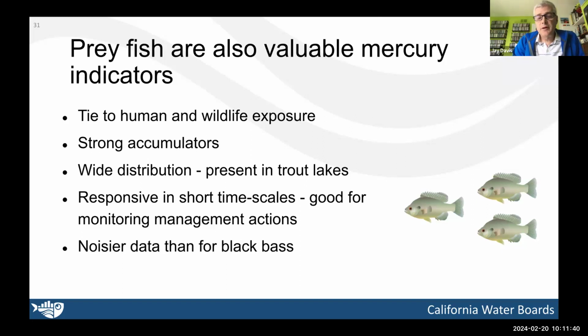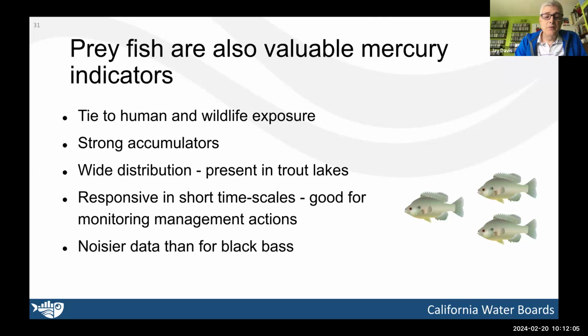And in a lot of cases, the trout are hatchery trout that are planted. And in that situation, they don't really indicate what's in the food chain in the lake because they haven't spent enough of their life there. But in that scenario, the prey fish can be a good indicator of what's actually going on in the food chain.